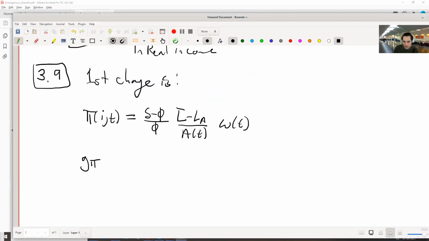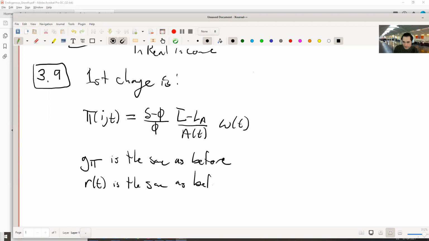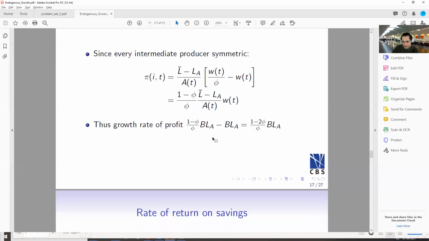Growth rate of profit is the same as before. R, the interest rate, is the same as before.